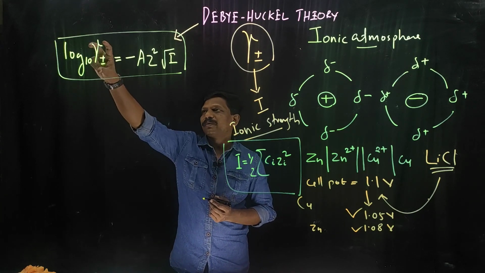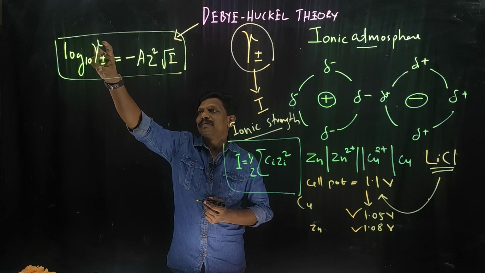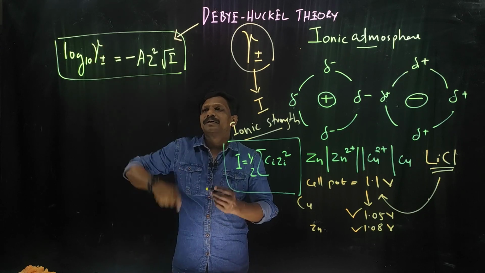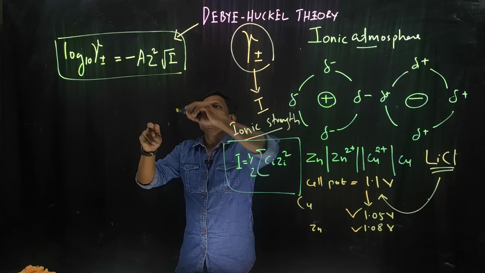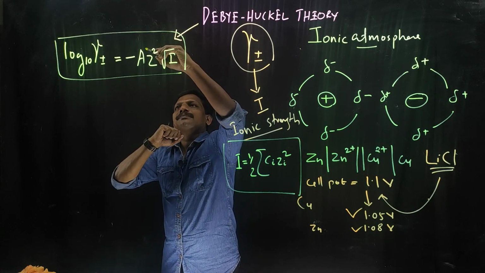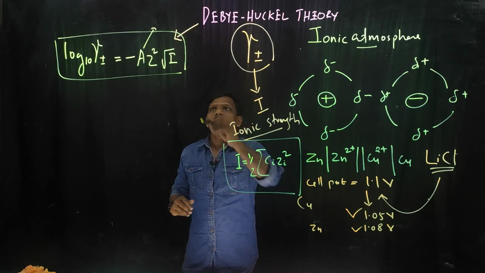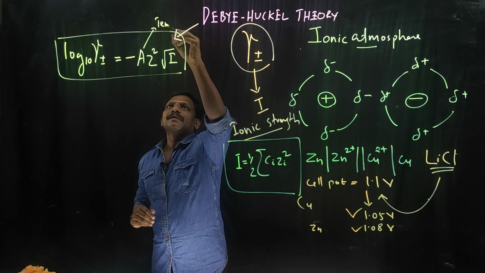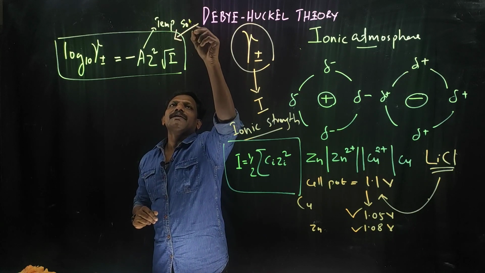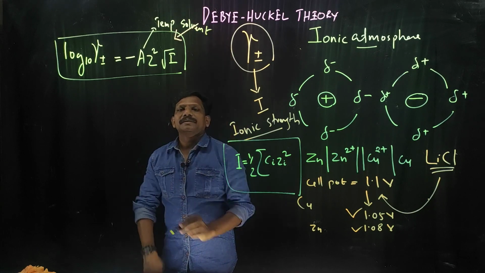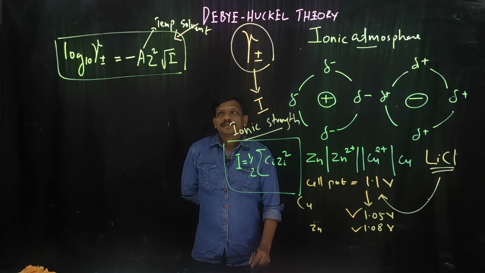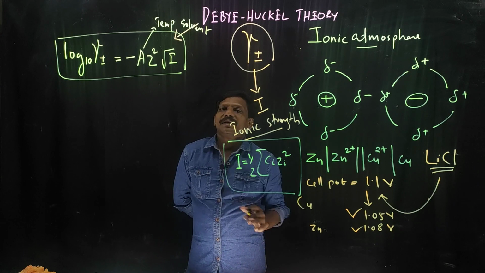Now you can find out this thing. Okay, so what is this thing? A is a parameter that depends upon temperature and solvent.